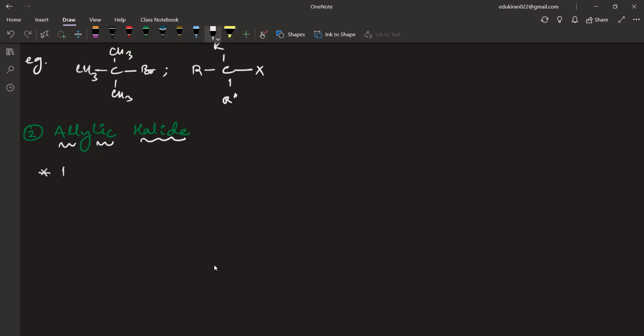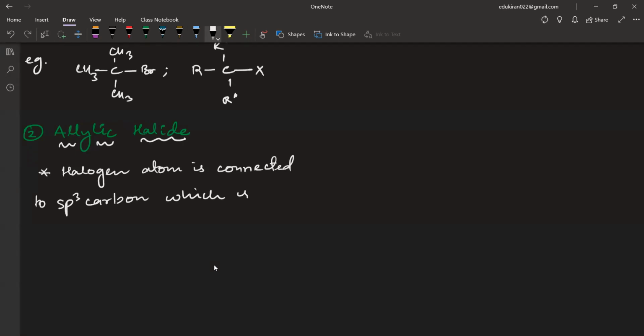In allylic halide, the halogen atom is connected to an sp3 carbon, which is further connected to an sp2 carbon.